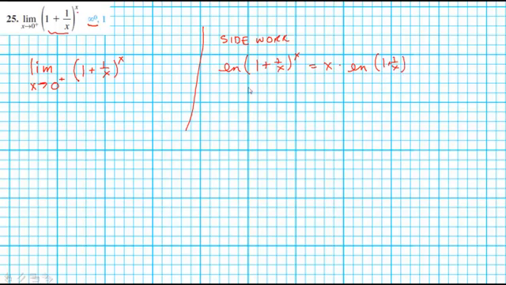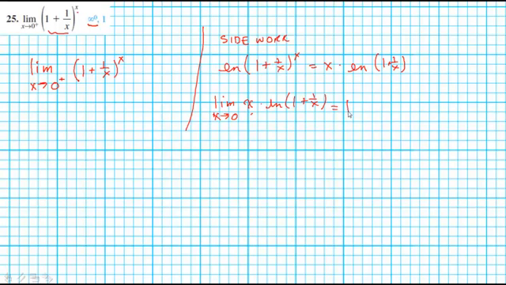If I try to take the limit of that, as x approaches 0, of x times the natural log of 1 plus 1 over x, what we see is that this is going to 0, and as x goes to 0, this is going to infinity, so this is indeterminate in the form of 0 times infinity.